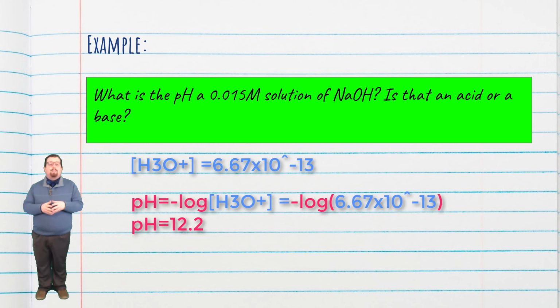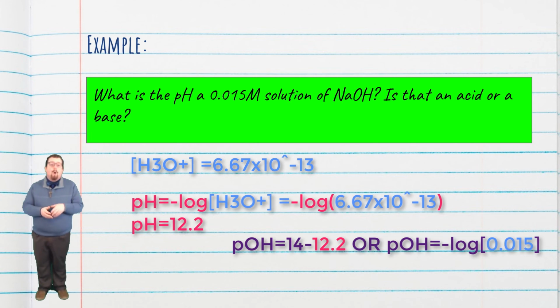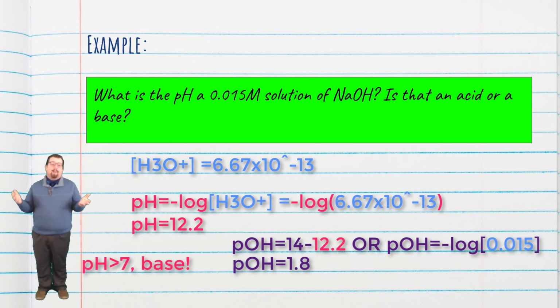That gets us a pH of about 12.2. If we wanted to know the pOH, we'd subtract that from 14, or we could do the negative log of 0.015, our hydroxide concentration. We'd get the pOH to be about 1.8. So, is this an acid or a base? Well, the pH is greater than 7, so it's got to be a base.